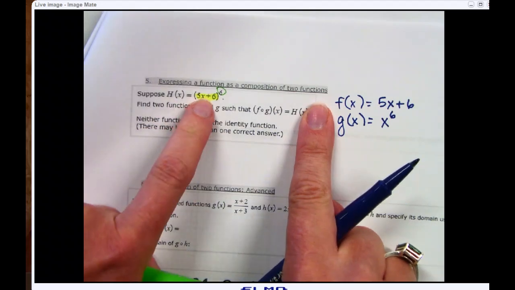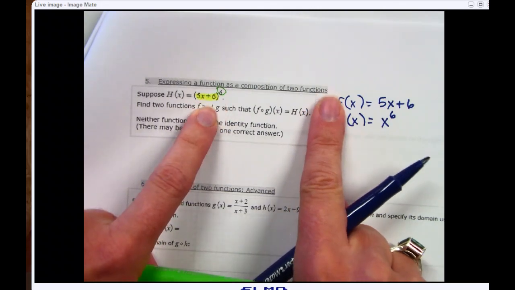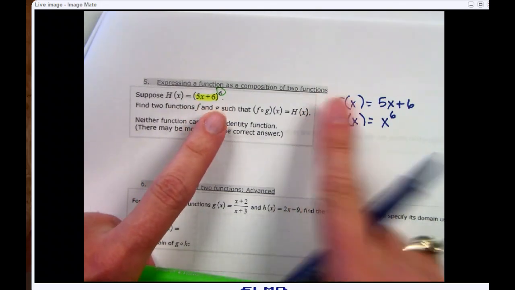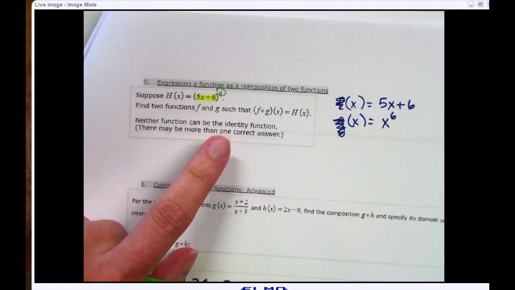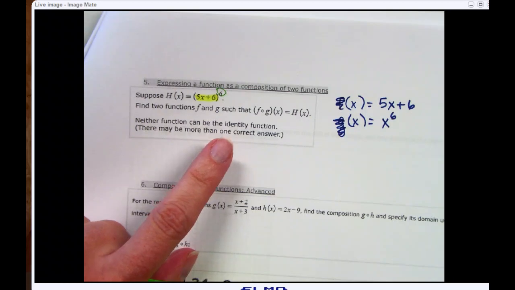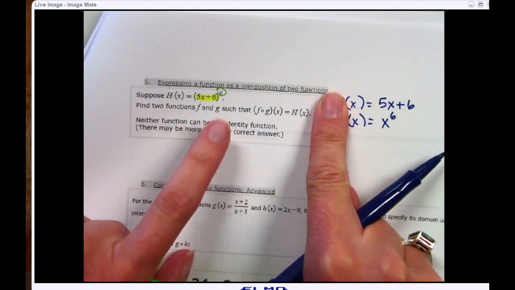Isn't x plus 6 inside? Notice I'm covering up the f and g. I shouldn't have written those yet. I shouldn't have made that decision because I didn't. I just wrote them down haphazardly, absent-mindedly. I don't know which one's f. I don't know which one's g.